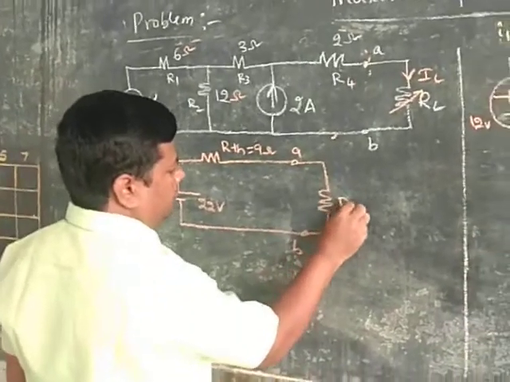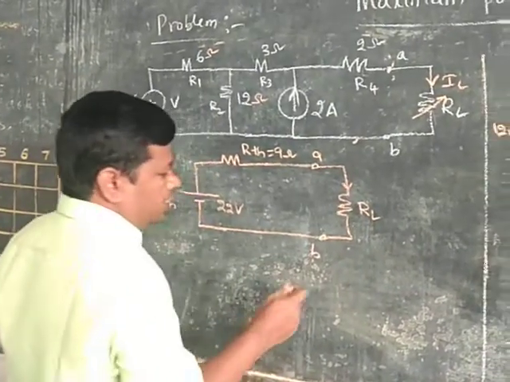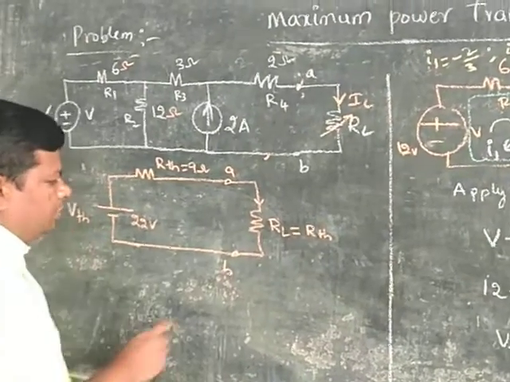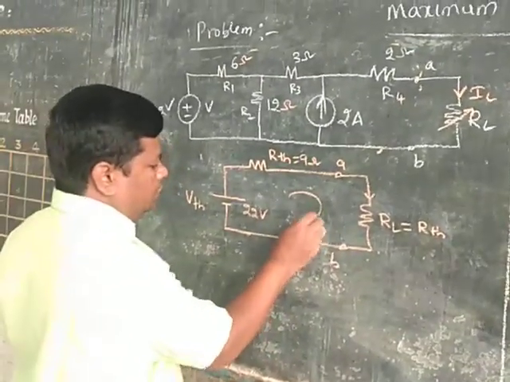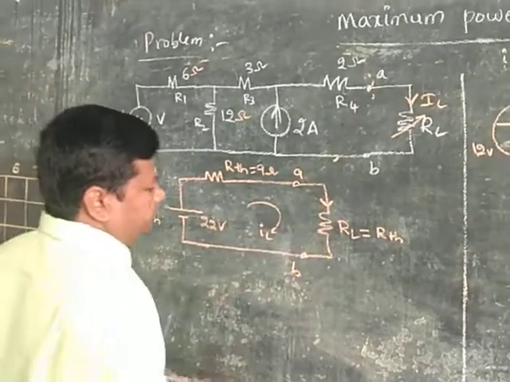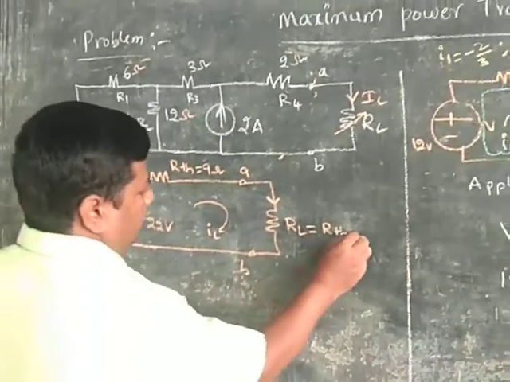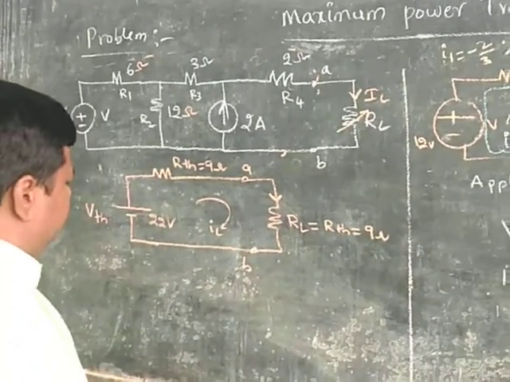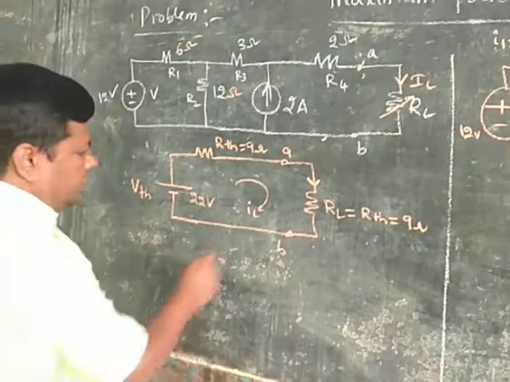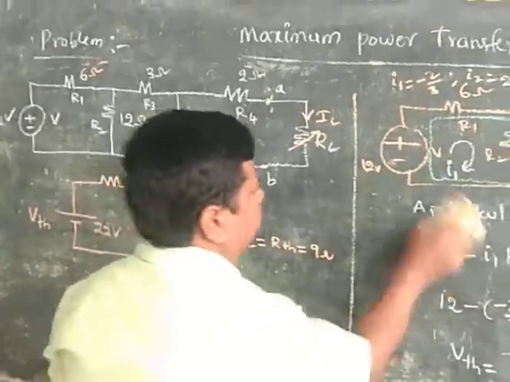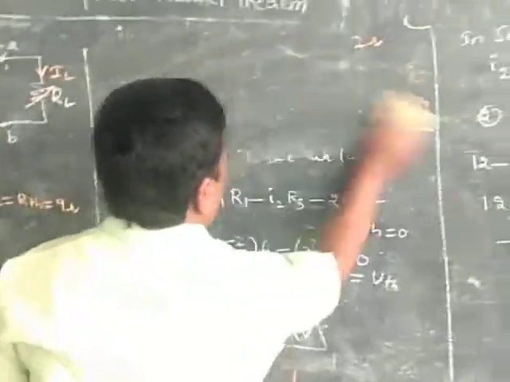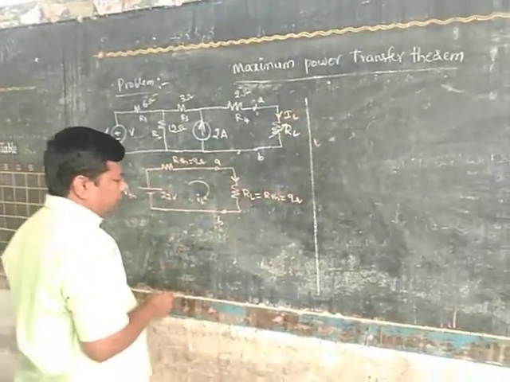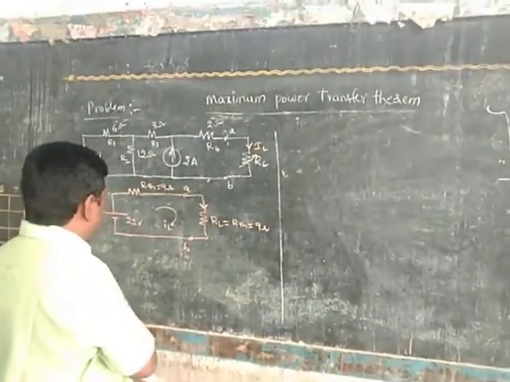This is RL. Whenever RL is equal to R Thevenin, the maximum amount of power is delivered to the load. Now RL is equal to R Thevenin, that is equal to 9 ohms. Now find IL current, or otherwise you can directly find power.